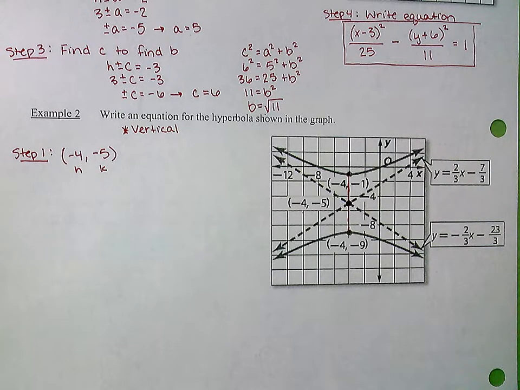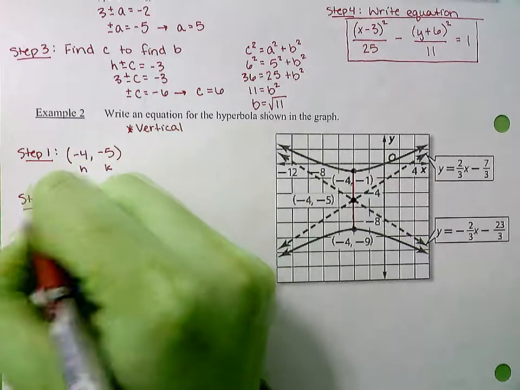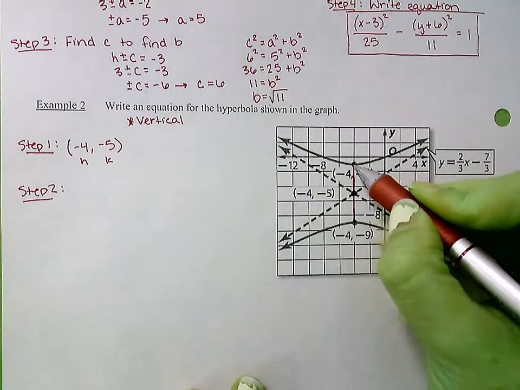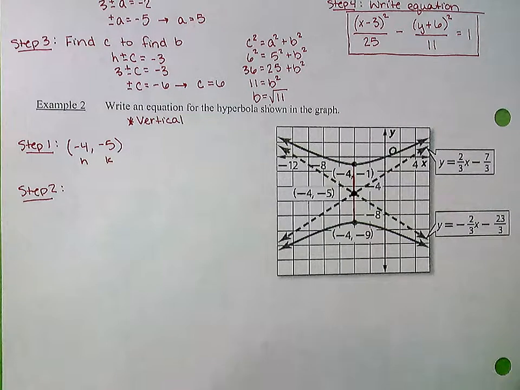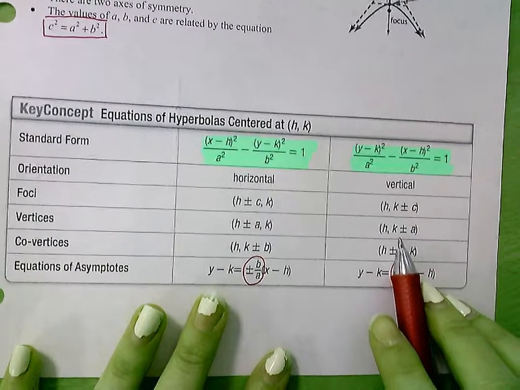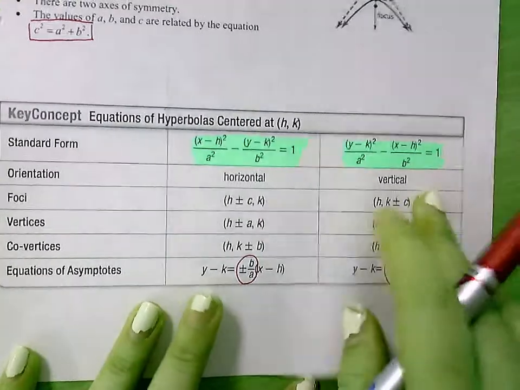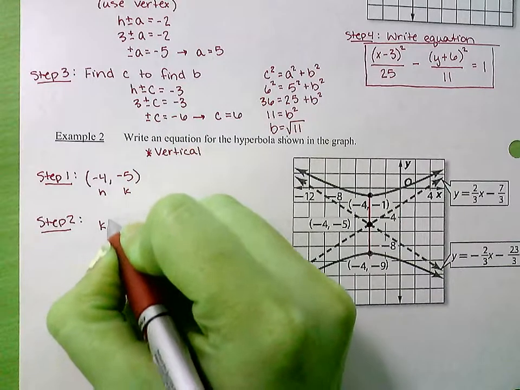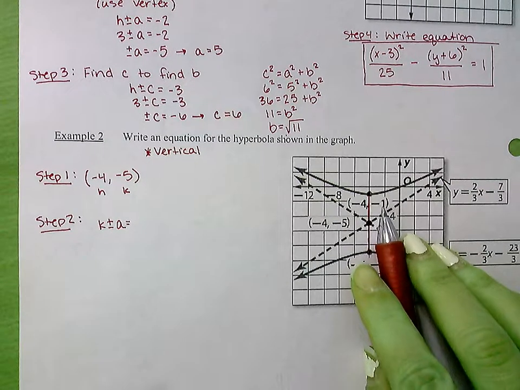Okay, step 2 is to find a. We want to find a, so I'm just going to use one of my vertices. And since it is vertical, I'm going to use this one right here, k plus or minus a, and it has to be equal to your y value.